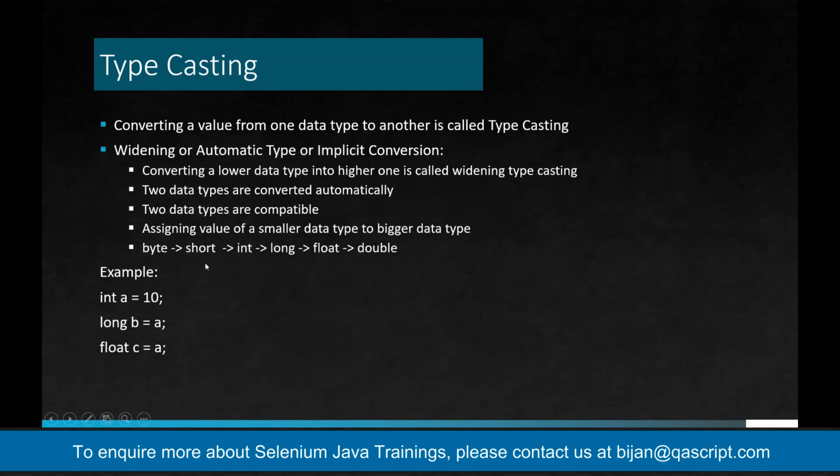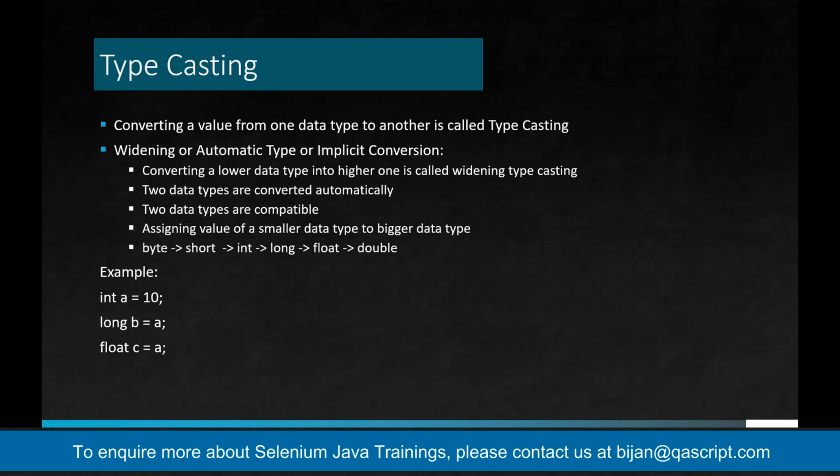So this is a kind of smaller to larger, right? Say for example, in this example I've given, I have assigned a value to int a, and then I'm trying to assign long b equals a, which means the int value will be stored in this long data type, right?